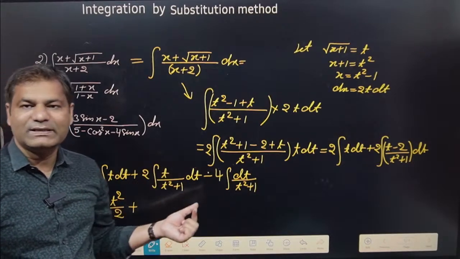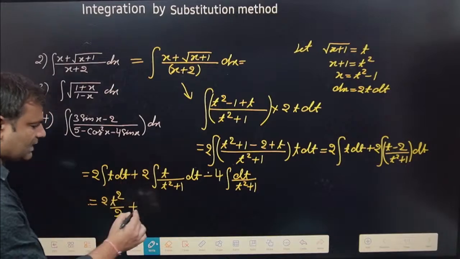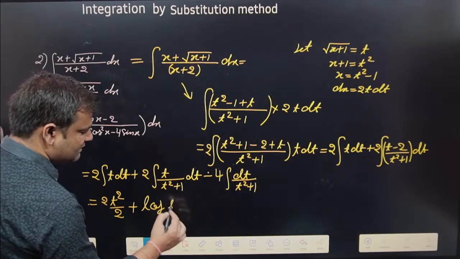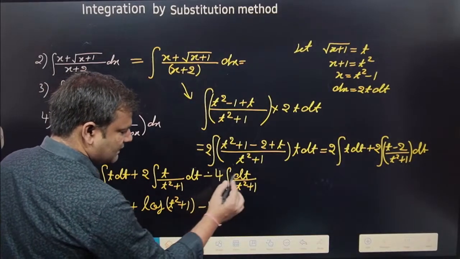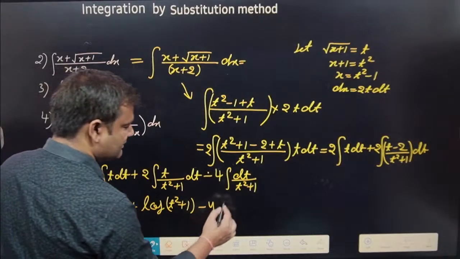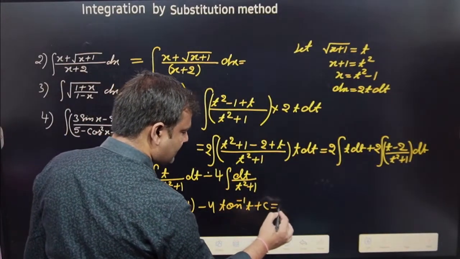So 1 by y dy, this will equal log y. So that one written directly log of t square plus 1. And here, 1 upon t square plus 1, basically tan inverse t. So tan inverse t plus c.